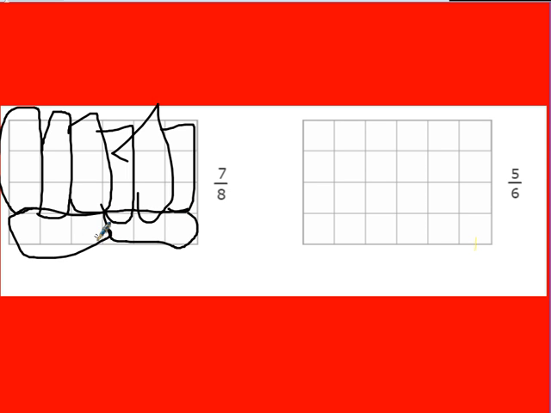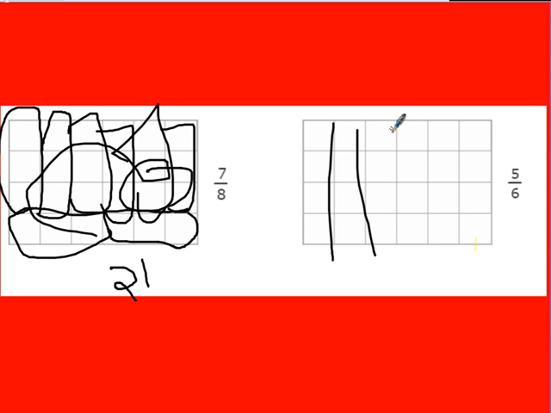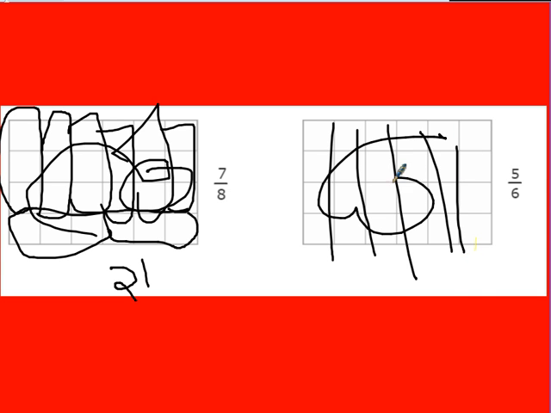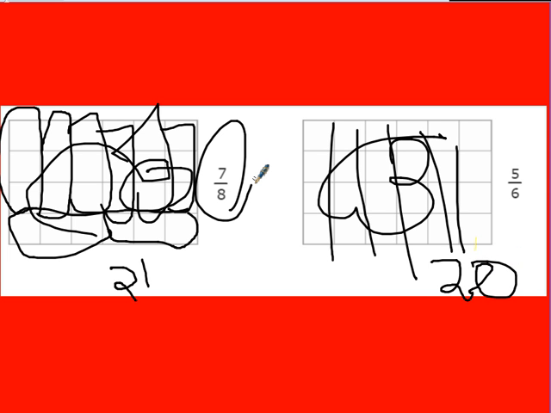And if I got all of those except for those last 3, so I got to eat 21 of those. And over here 5/6, well, I know it's 4 times, so each one of these is 4, and if I got 5 of them, I got all those. So that is 20. Once again, proof that 7/8 is greater than 5/6.